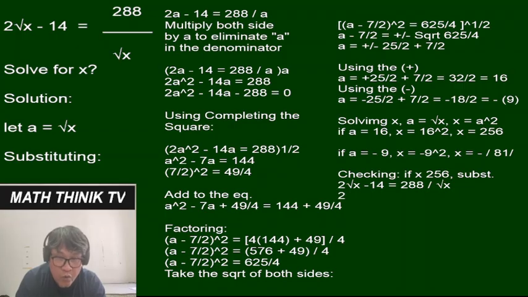So 2 times square root of x. Our x is 256, right? So 2 times square root of 256 minus 14 is equal to 288 over square root of x, which is 256, right? So simplifying further, okay, wait, iusog ko lang to.